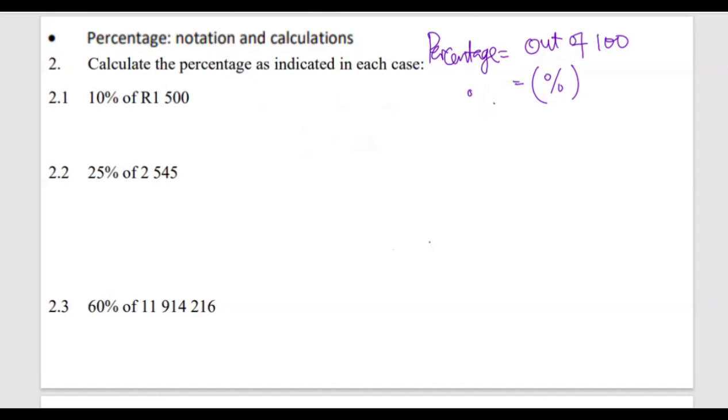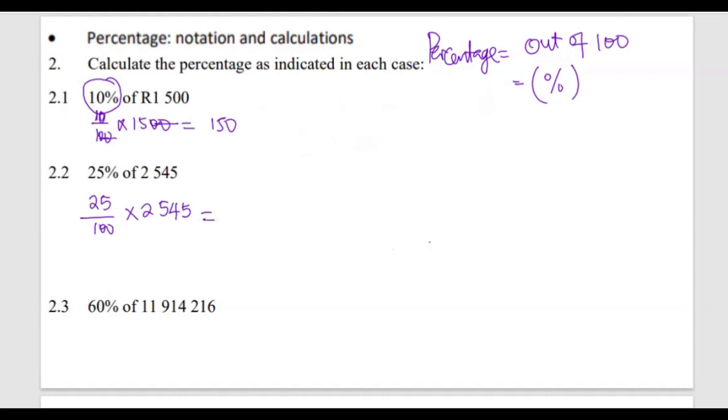Okay, the other question we shall look at: how do we express percentages of given values? For example, the one we have here says 10%. This simply means 10 out of 100. This symbol, 10%, means 10 out of 100, multiplied with the value. Now 25% of 2,545.